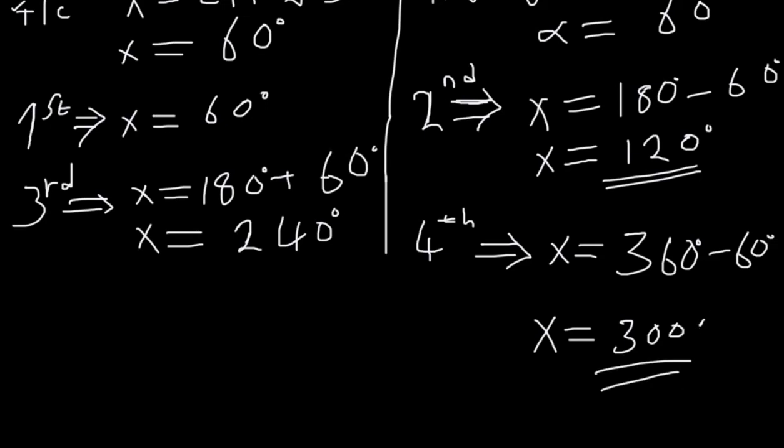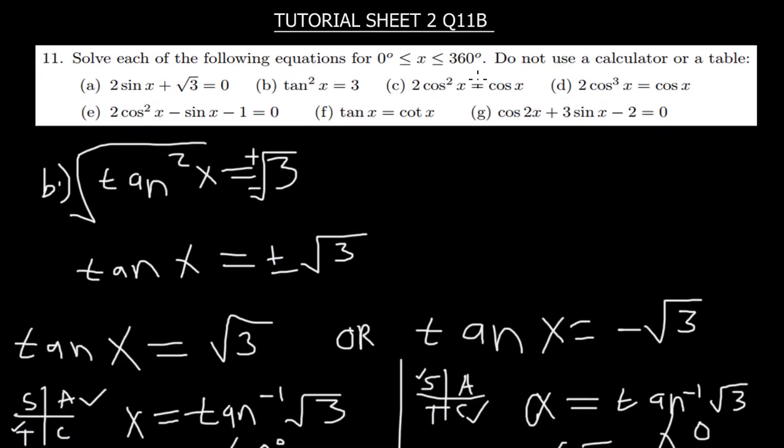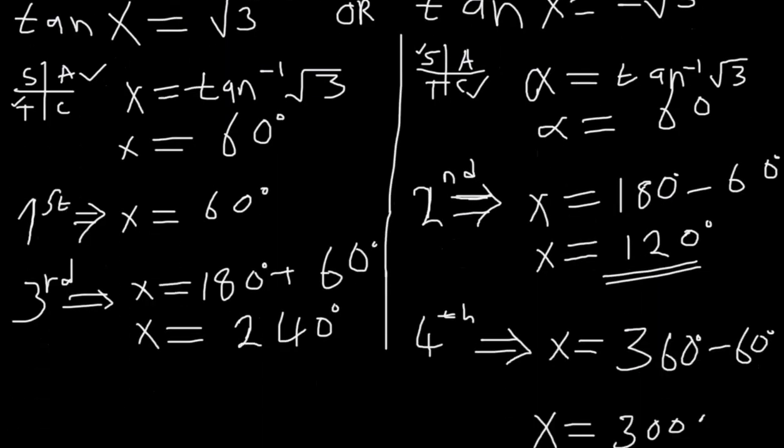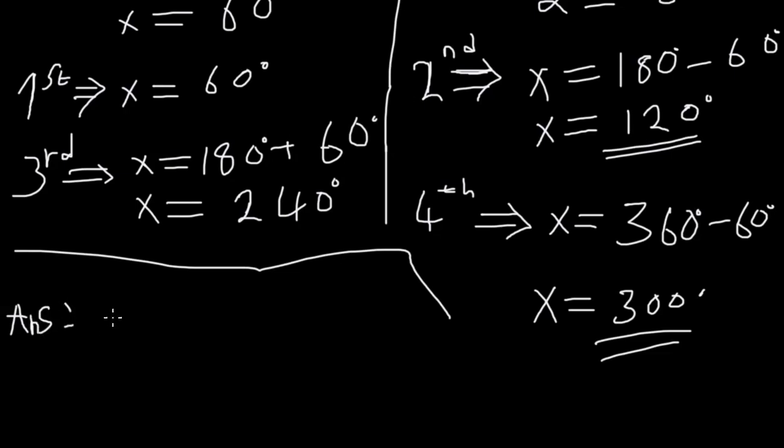So now in writing your final answers, you look at your domain that has been given. You're saying your answers should range from 0 to 360, meaning all the answers that were found qualify to be part of the answers. So you write your answers, starting with the smallest angle.